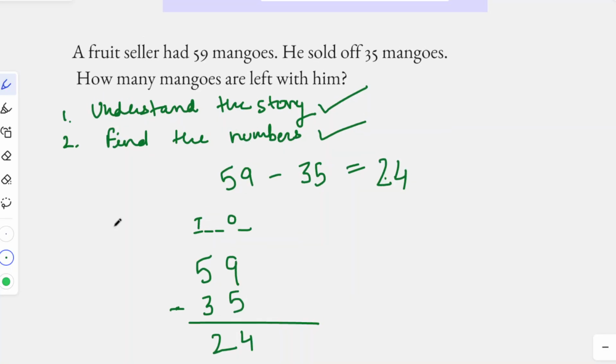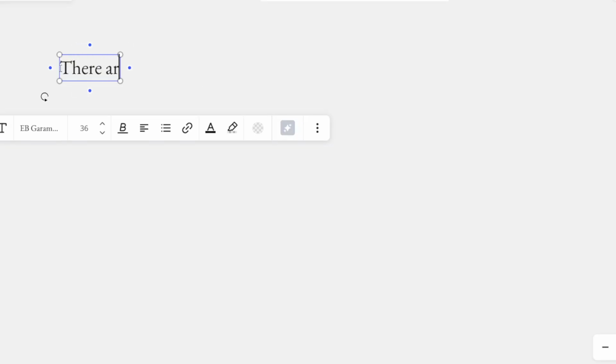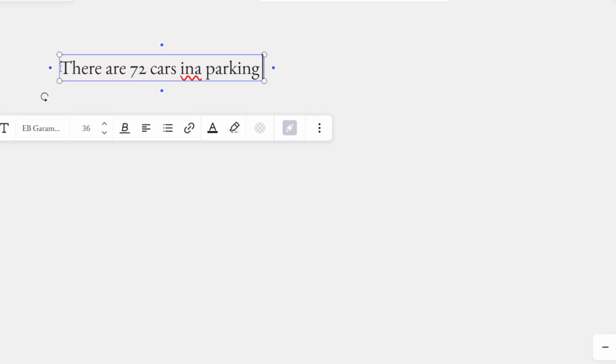Now, let us take another example where we need to use the concept of borrowing or regrouping. So let's suppose there are 72 cars in a parking lot, okay?